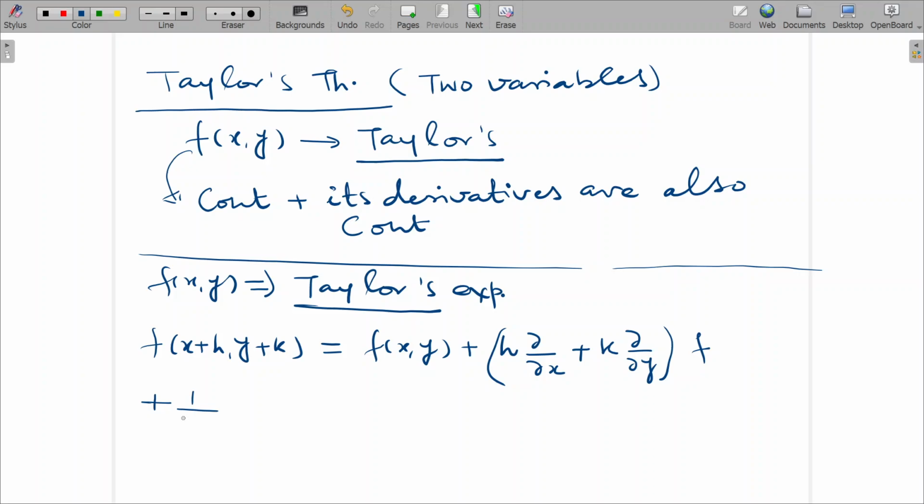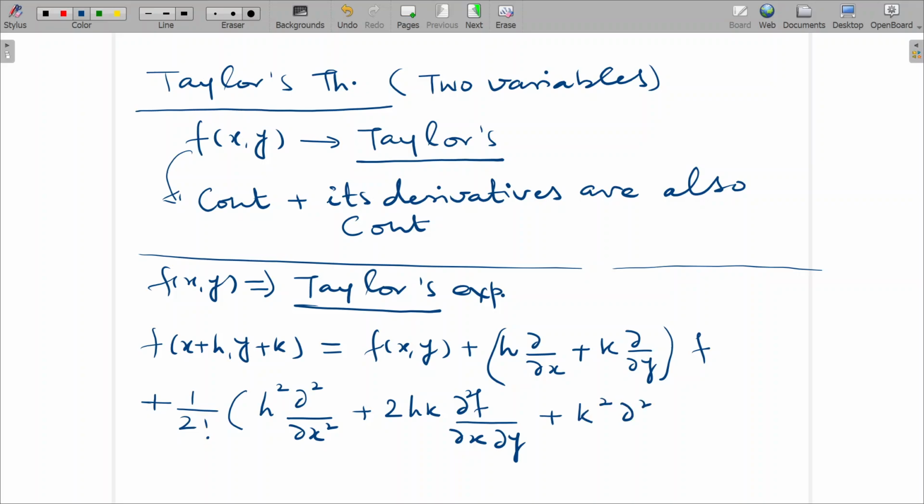Now the next term will be 1 over factorial 2, h square. Here we have three second order partial derivatives. So this is 1 over factorial 2 times h square del 2 over del x square, plus 2hk del 2 f over del x del y, which is the mixed second order partial derivative, meaning you are differentiating this function f with respect to x as well as with respect to y, and lastly del 2 over del y square, with the function f.